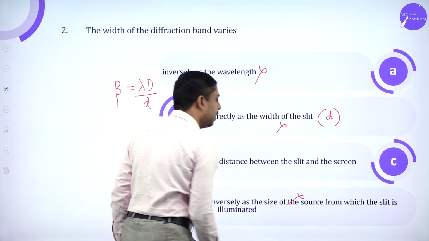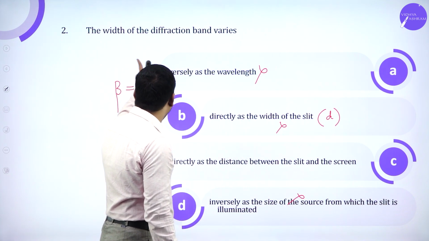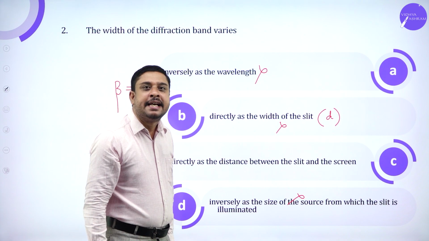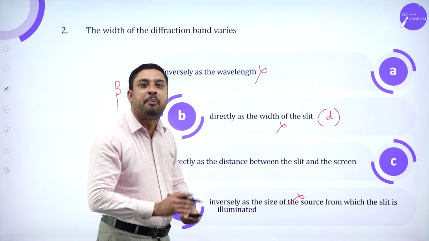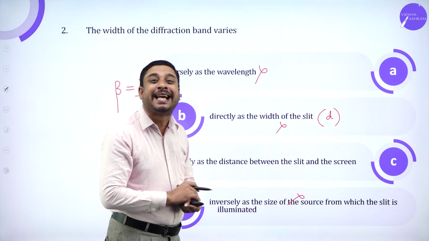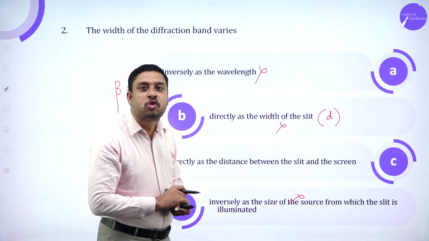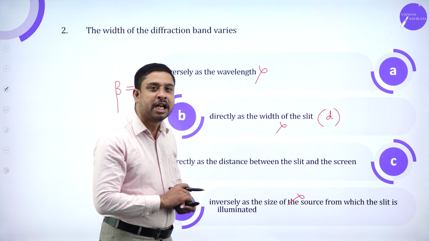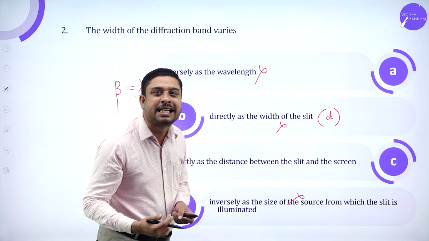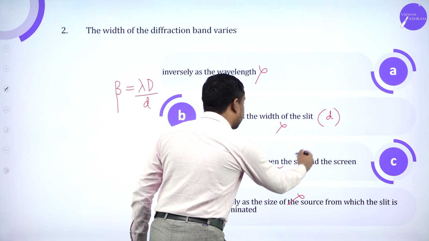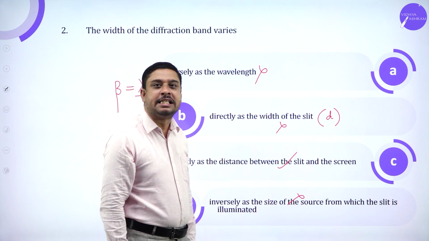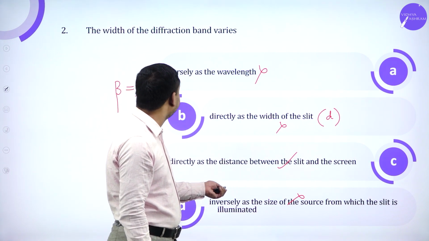No. If you observe, beta is directly proportional to capital D, the distance between the slit and the screen. So the correct option is the third one.